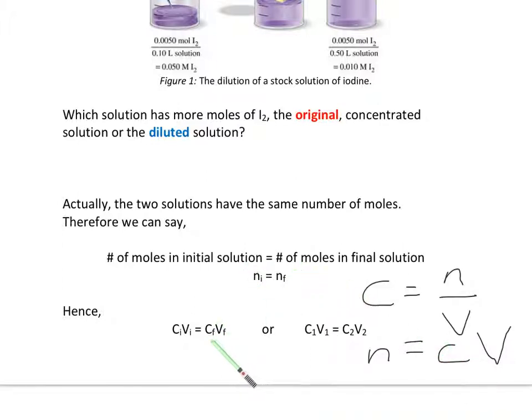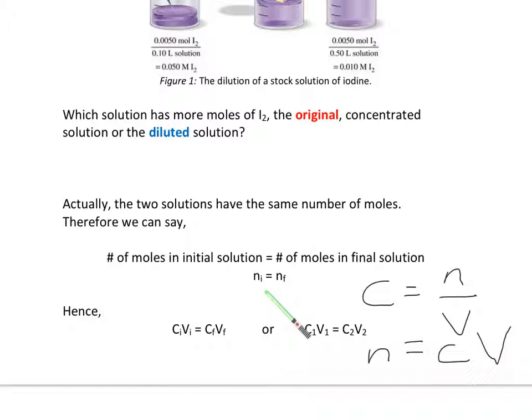We get the formula cIVI. Just looking at this, it should be a lowercase c in all cases here. So the concentration of the initial solution times the volume of the initial solution equals the concentration of the final solution times the volume of the final solution. Again, this equation is true because the number of moles doesn't change in this situation.